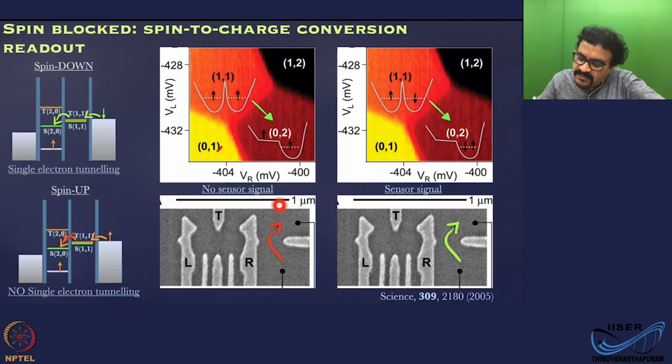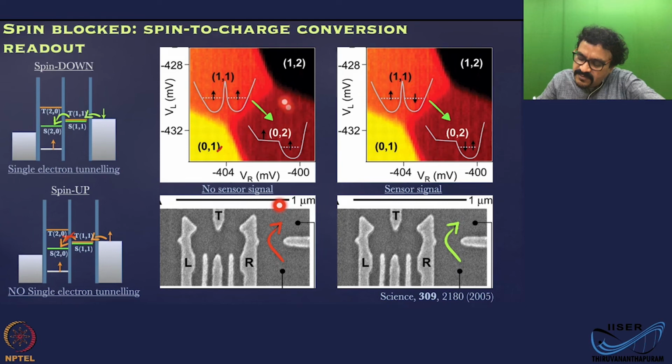If it forms a 2-0 state or 0-2 state, depending upon which direction we are talking about, that means it was a singlet state. If it doesn't form that state, that means the initial state was a parallel state. Now the anti-parallel state is the 0 state and the parallel state is a triplet state or 1 state. 0 and 1, those are your qubit states.